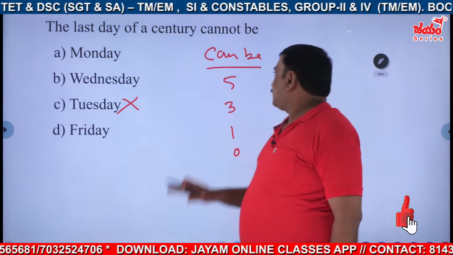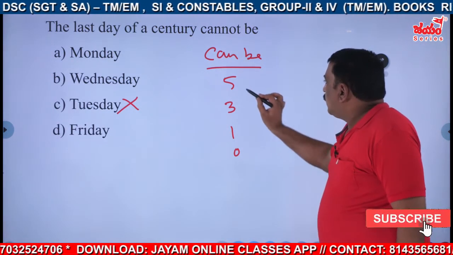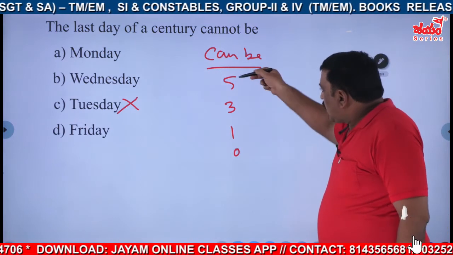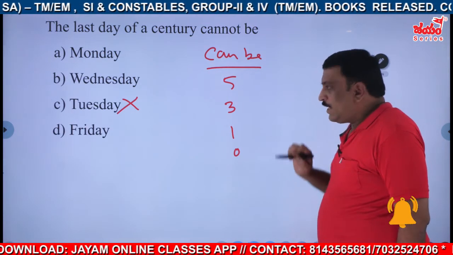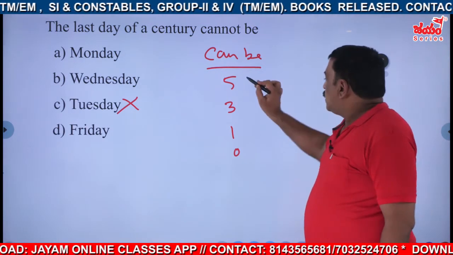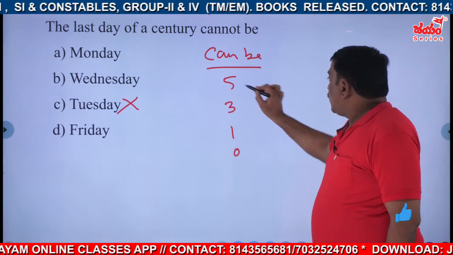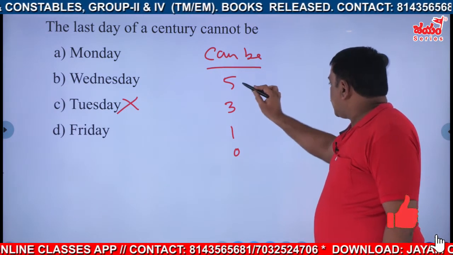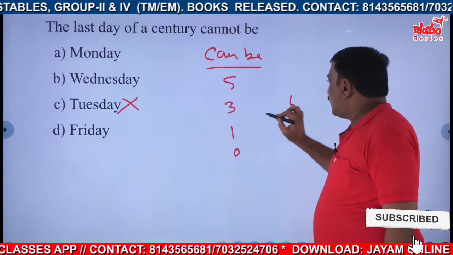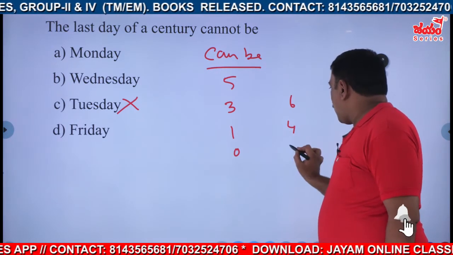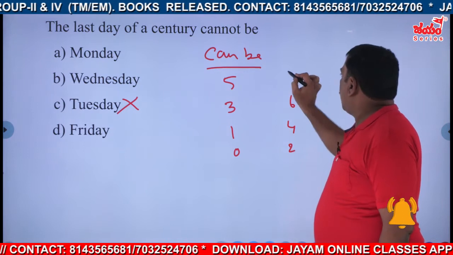Is it not? Then, if you see 5310, these are almost odd numbers. So here the next day will be, see, 6, 4, 2, 1.